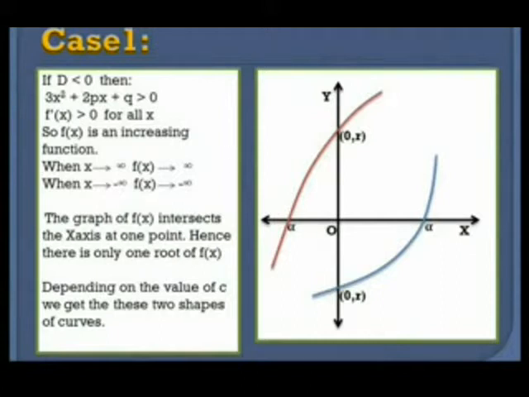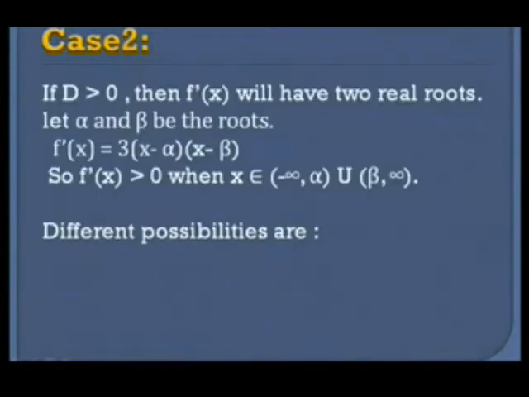Thus we can definitely say that if the discriminant is less than 0, then f(x) is an increasing function for all values of x, and so it intersects the x-axis at just one point. And depending on the values of r, we can get these two types of curves. If r is greater than 0, then we get a curve that is concave downwards, and if r is negative, then it is concave upwards.